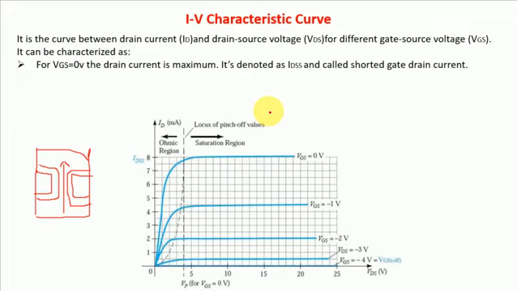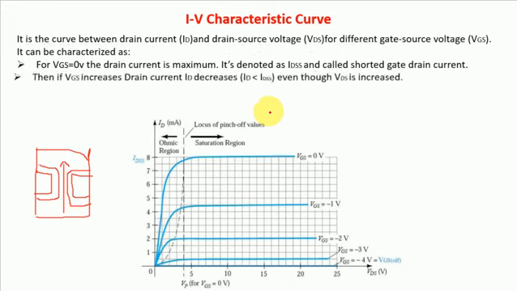So if we increase the VGS voltage, the drain current ID also decreases even though VDS is increased. One more important point: once the gate to source voltage reaches a certain value, the drain current will decrease to 0.